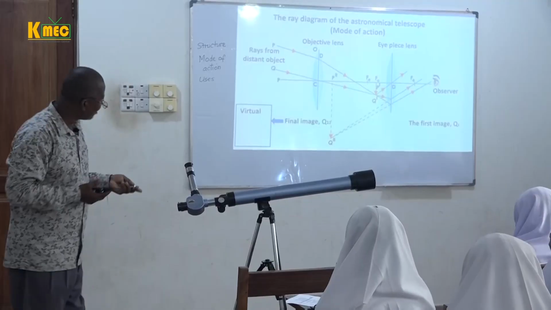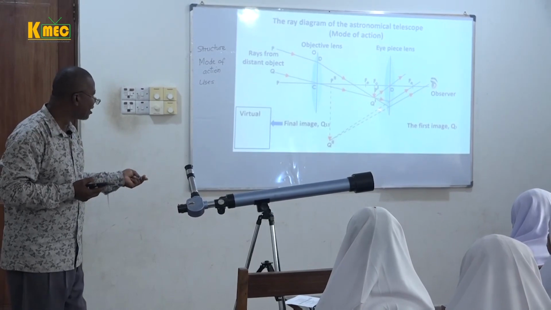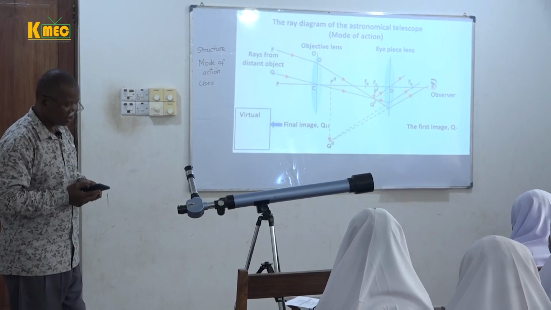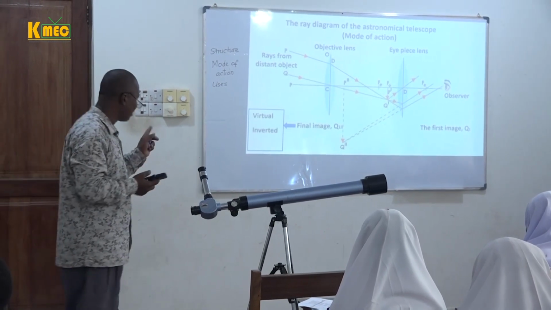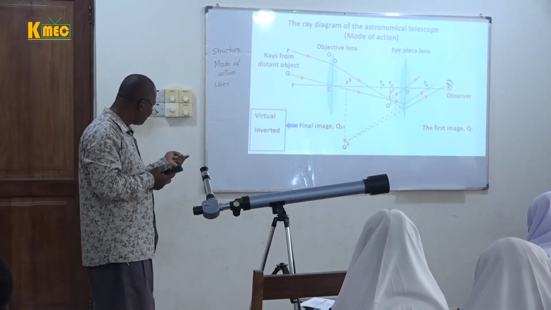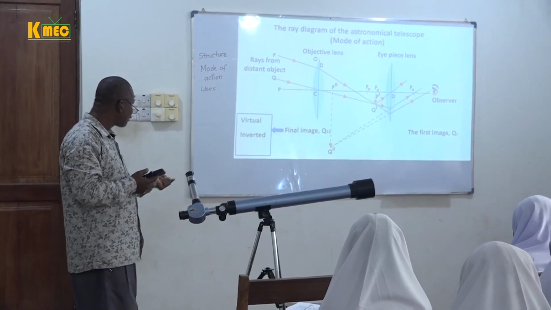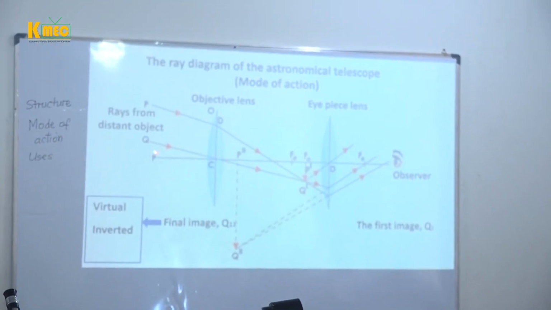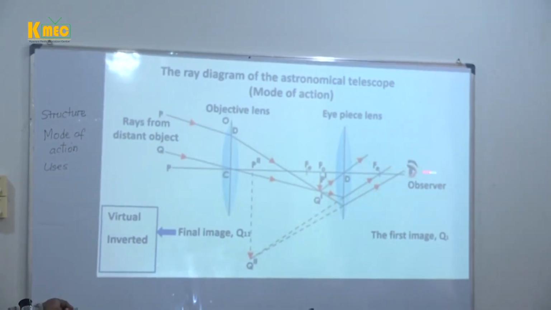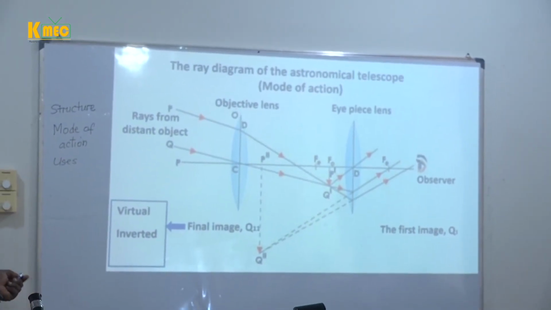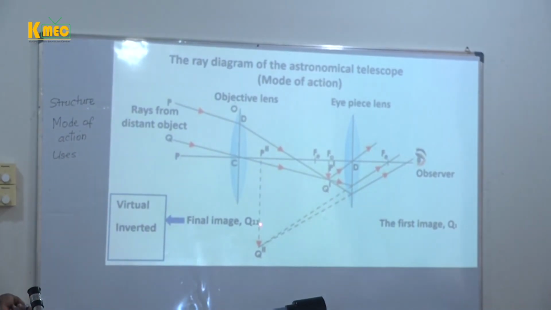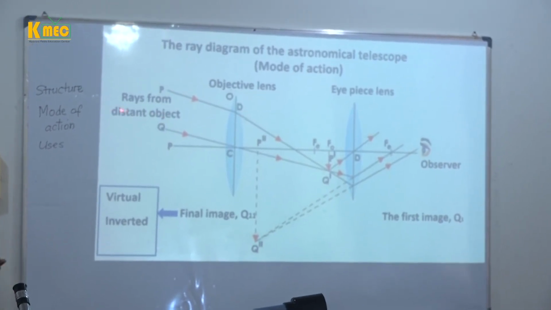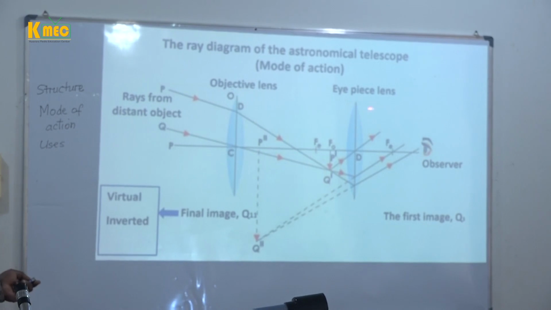Okay, and the second one, we are going to compare the size of the first image and the size of the second image. This is called inverted. Why inverted? Because the object is found here from this principal axis and the image is found here. That is opposite, on the second side of this line, right?